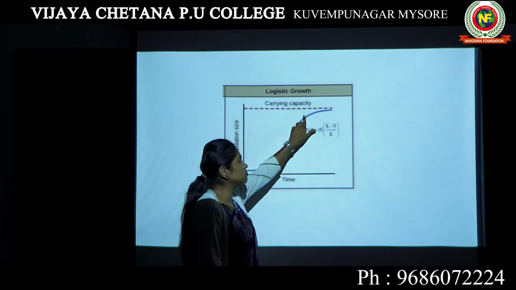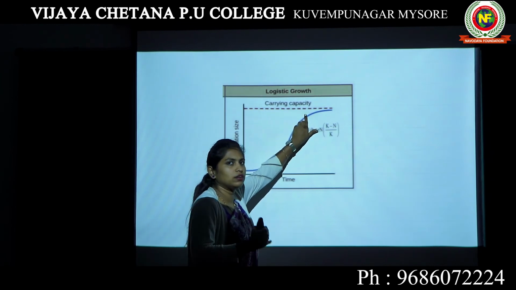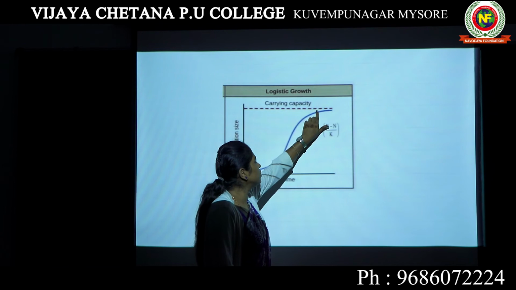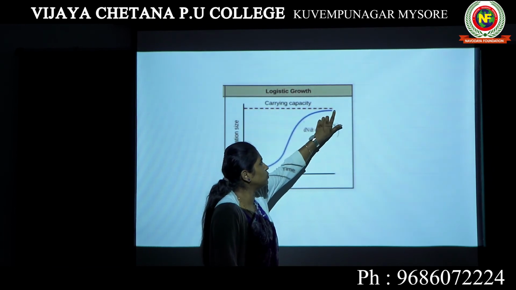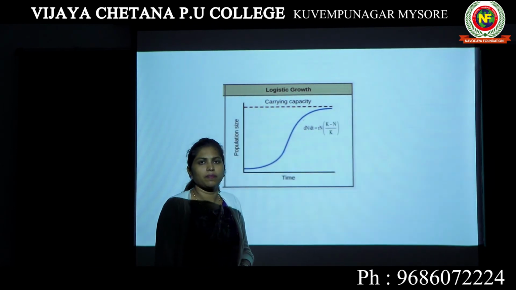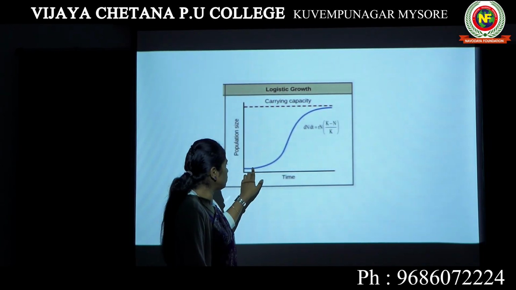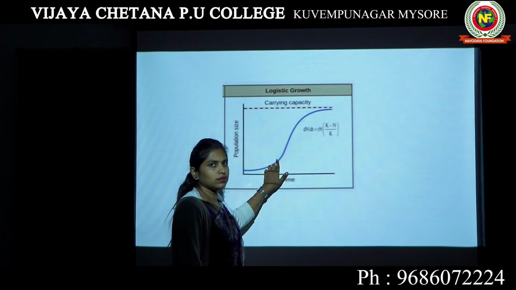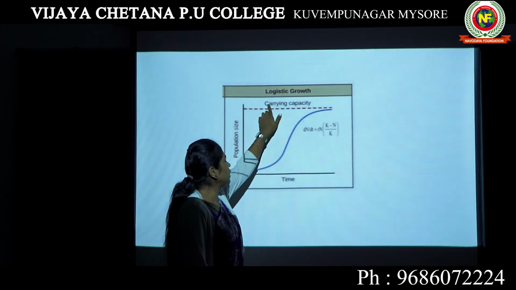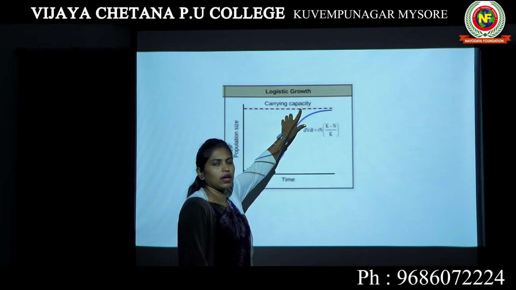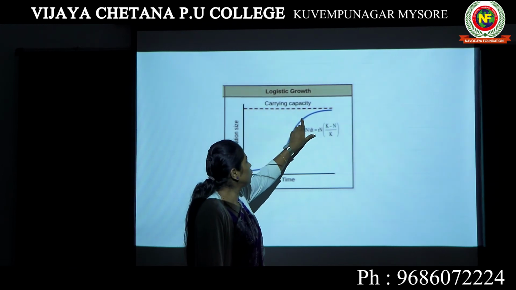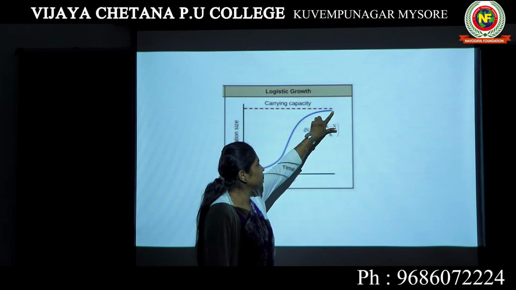When the resource becomes limited or starts depleting, the growth of the bacterial population stops. It was increasing because there were sufficient resources. When carrying capacity was reached, no more individuals will be taken care of by that Petri plate or the media present in it, so the growth of the bacteria ceases.